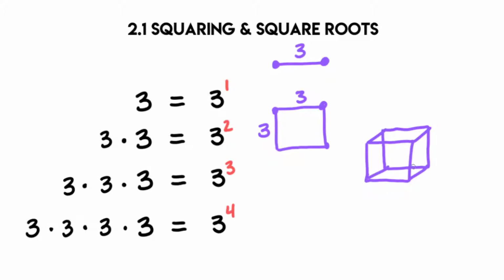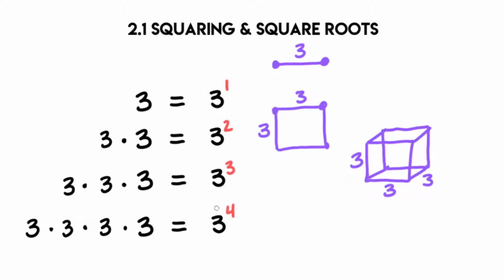So 3 to the power of 3 makes a three-dimensional object where we have, once again, this value down here is a 3. This vertical value is still a 3, but now we have this depth. Now it has this weight to it. It's a three-dimensional object, so we have 3 to the power of 1, 3 to the power of 2, and 3 to the power of 3.